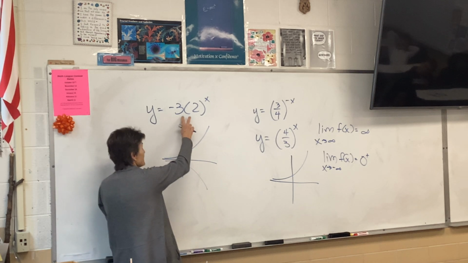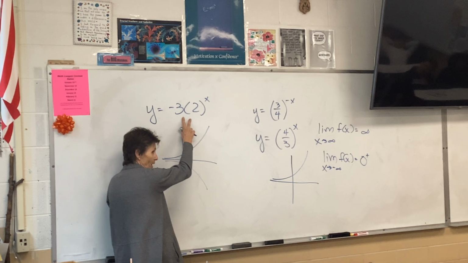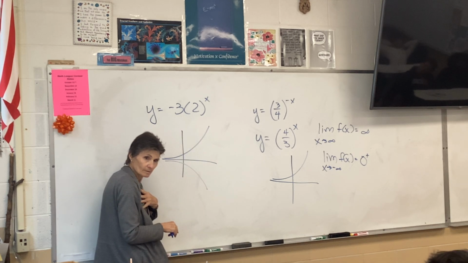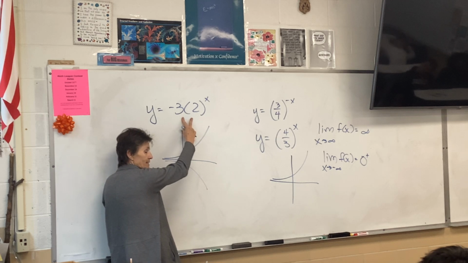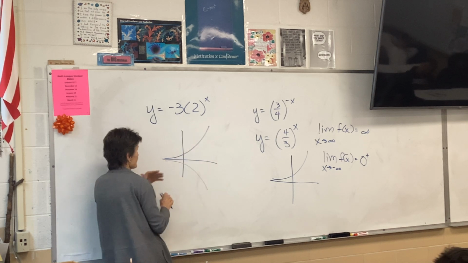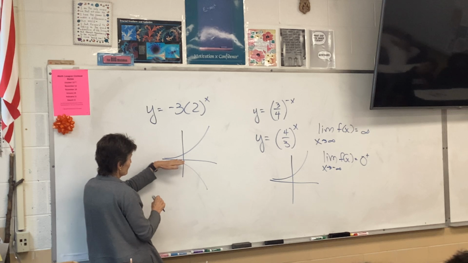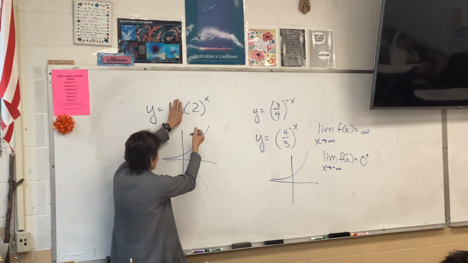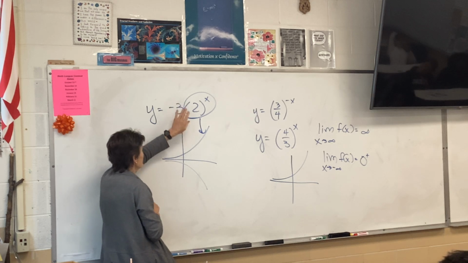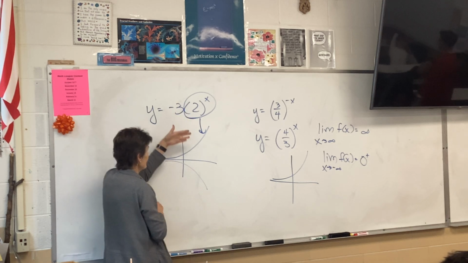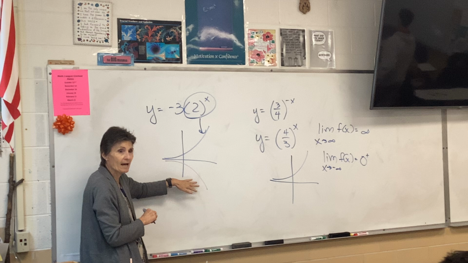These can never get multiplied together. Does everybody understand that that right there is this? But when you put a negative in front of it, it's going to turn it upside down.